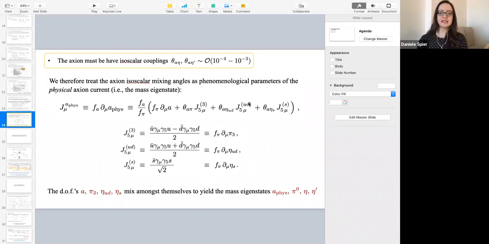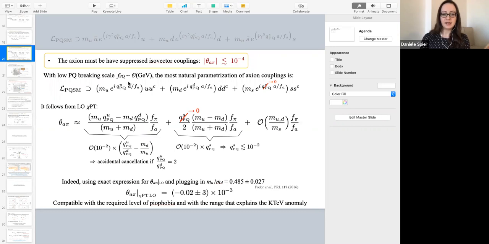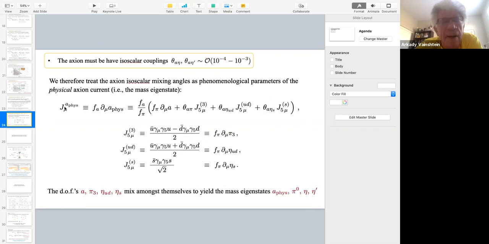Yeah. Okay. What I mean is this: there is that axion, which is this field that appears here, as a phase of the quark mass matrices. This field here is not a mass eigenstate. In order to go to the mass eigenstate, you need to diagonalize the mass matrix of the light pseudoscalars that include the pion and the scalars.